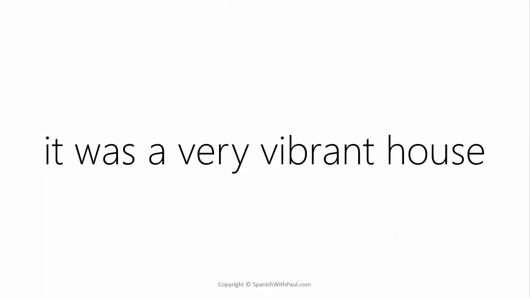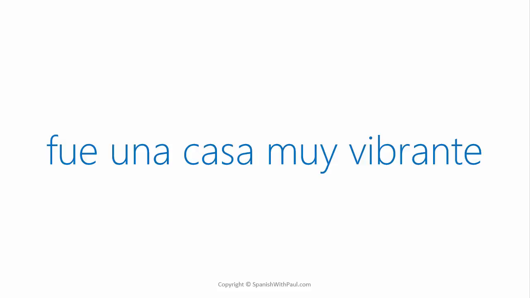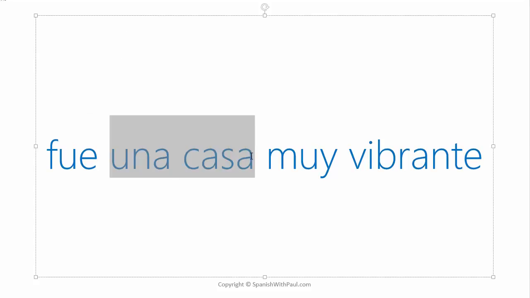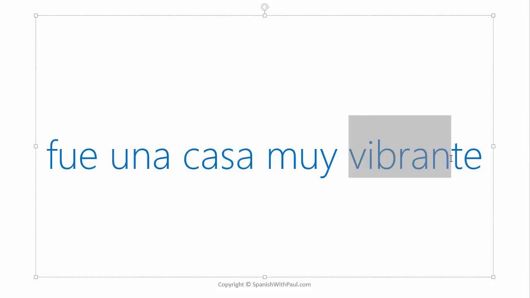How would you say it was a very vibrant house? Fue una casa muy vibrante. So it was, fue, a house, una casa, very vibrant, muy vibrante.